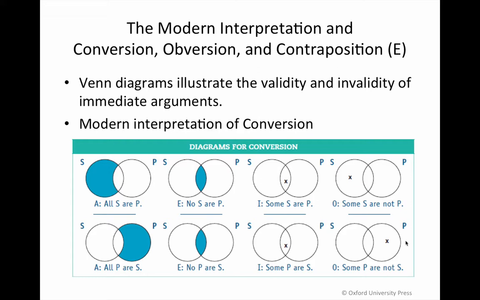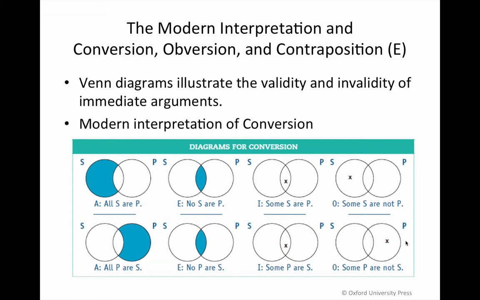Hence, when we convert a universal affirmative, we do not get an equivalent claim. Another way to say this is that converting a universal affirmative does not yield a true claim, or we could say that converting a universal affirmative is not a valid inference.